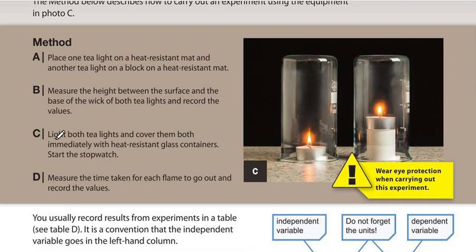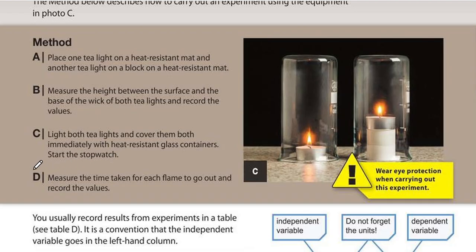Then light both tea lights and cover them both immediately with heat resistant glass containers. Once again, not just glass containers, heat resistant glass containers. Once you cover them immediately after lighting, you need to start the stopwatch. Right? For what are we using the stopwatch? To measure the time. Yes, exactly.